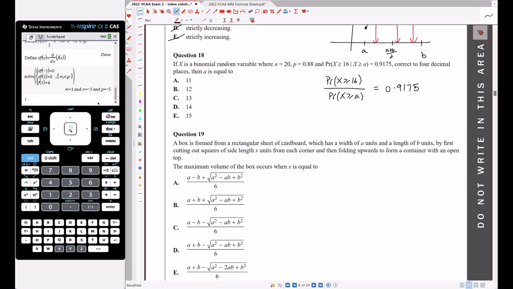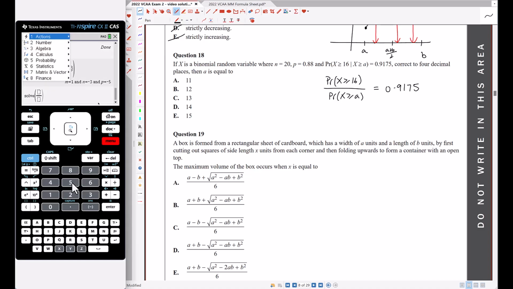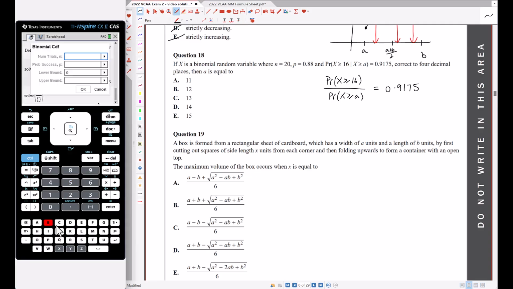I think I can probably get my calcs to just solve this. So let's set this up. Let's solve an equation. It's going to be a bit ugly to set up. I'm going to need the probability of x being bigger than or equal to 16. So that is menu 5, it's binomial, b. So number of trials is 20, probability of success is 0.88, lower bound for the numerator is 16, and upper bound is going to be 20.